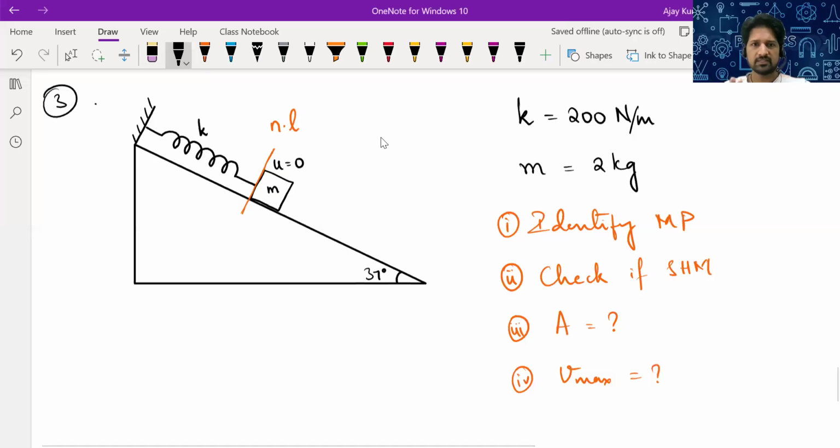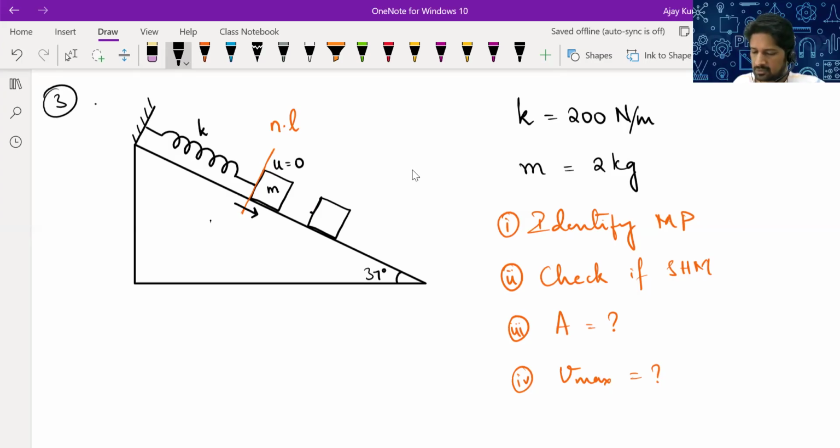Tell me, is natural length the mean position of the block? No, sir. Fine. Did you identify where the mean position will be? That means how much the spring has to be stretched. Did you find out? See, when the spring is at natural length, the block will be experiencing a force, the mg component, in the downward direction.